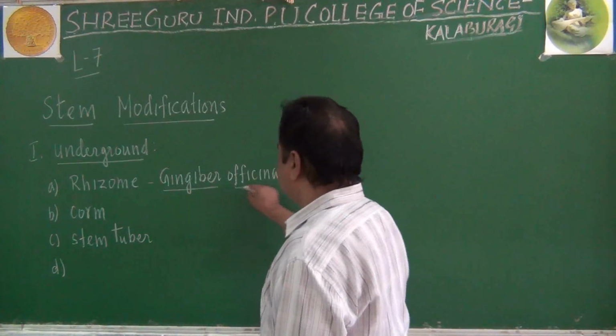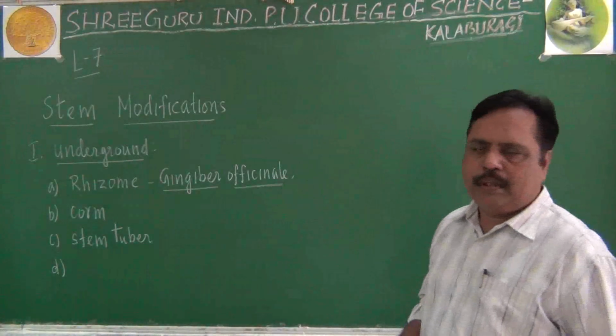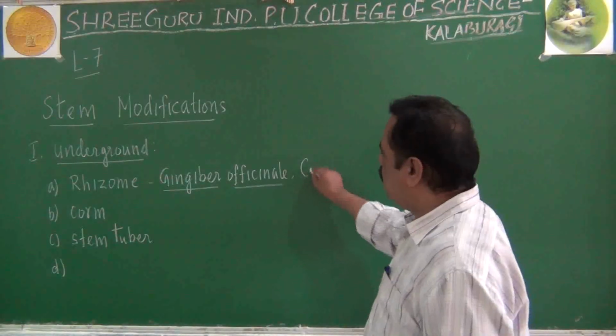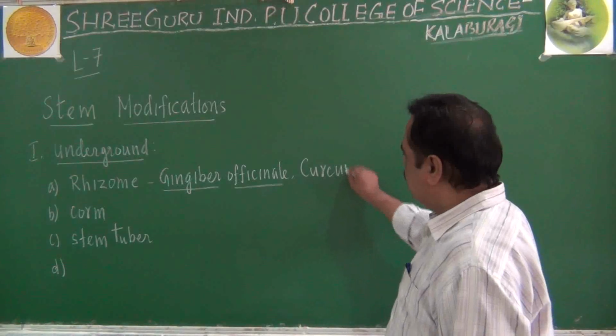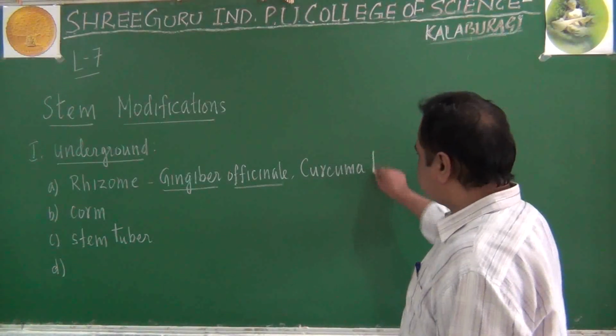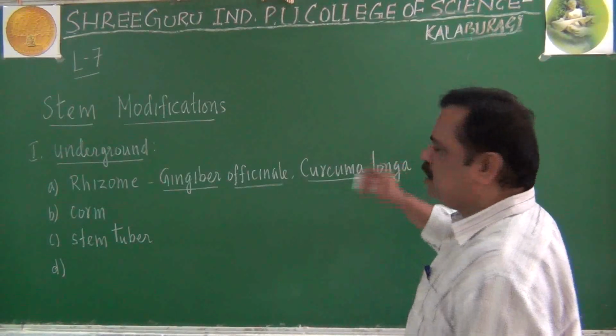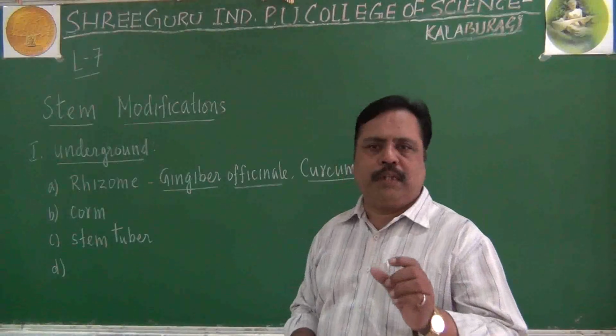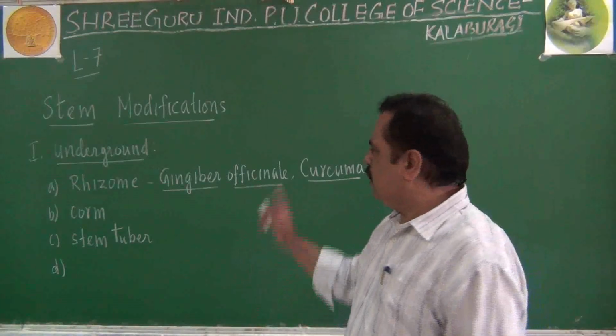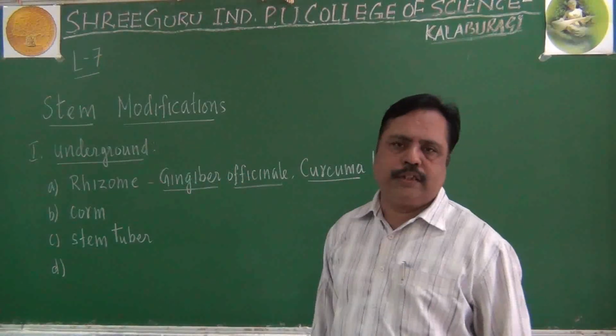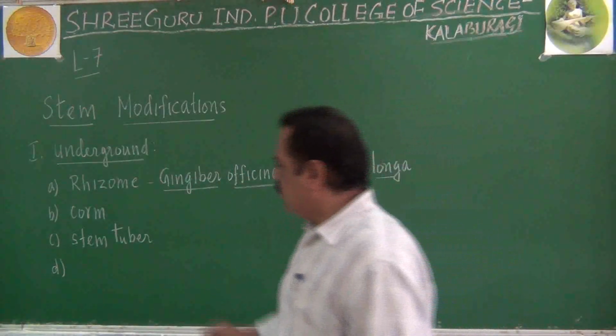This is the genus name, this is the species name. And Curcuma longa, that is the biological name of turmeric. We are telling that turmeric is Curcuma longa. Turmeric also exhibits a rhizome type of modification.